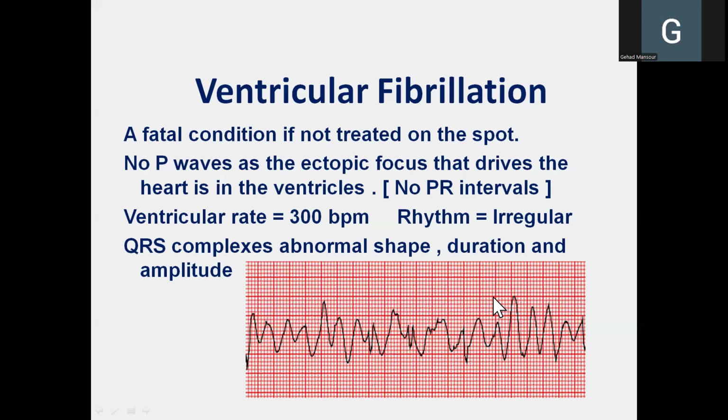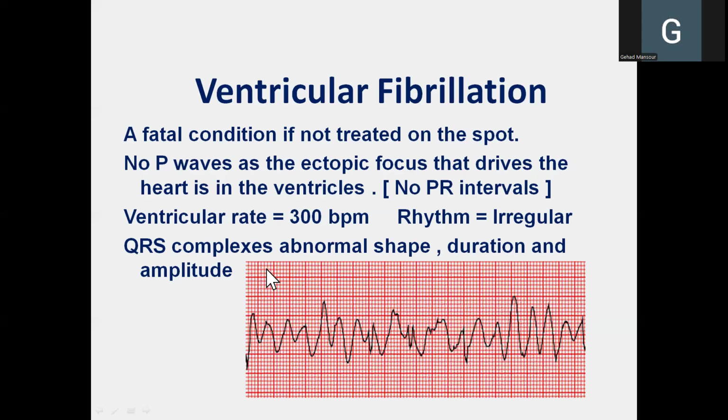In such cases, as I said at the beginning, you can never use the distance between two successive R waves, I mean the RR interval, to calculate the heart rate, because the RR intervals are unequal, because it is an irregular heart rhythm. In such a case, this is how we calculate the heart rate in an irregular heart rhythm.